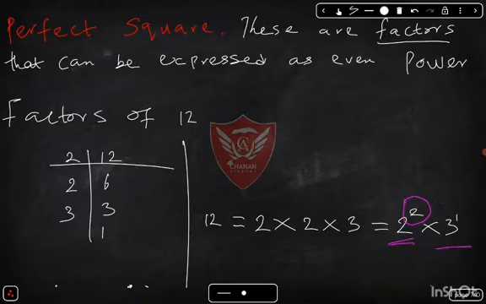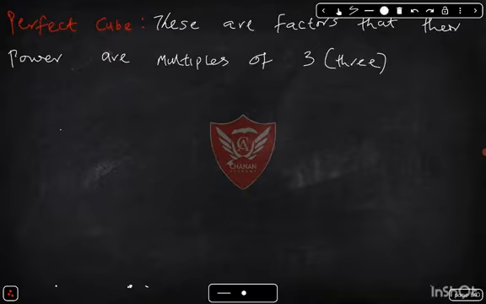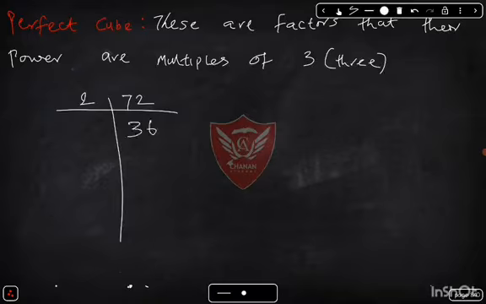Alright, so let's move on to the next. Perfect cube. These are factors that their power are multiples of 3. Let's take an example to explain this. Let's find the factors of 72. Okay, let's use the long division. 72. If 2 divides 72, the answer is 36.